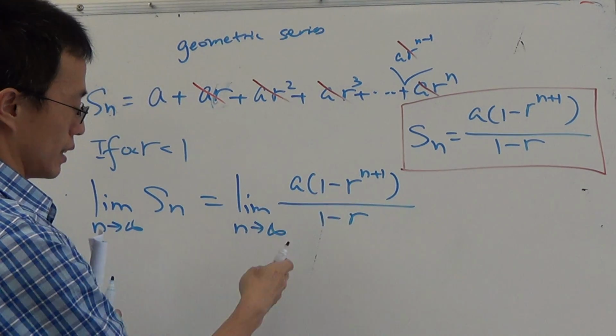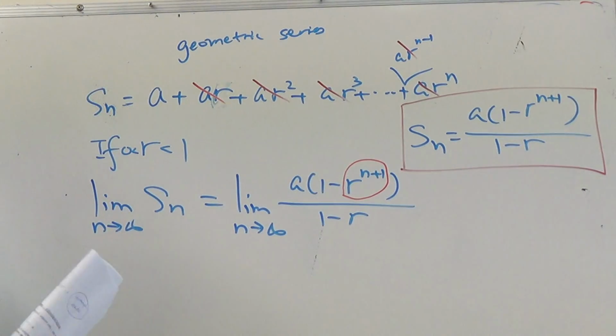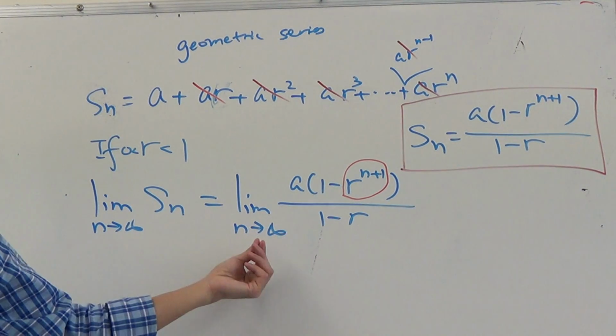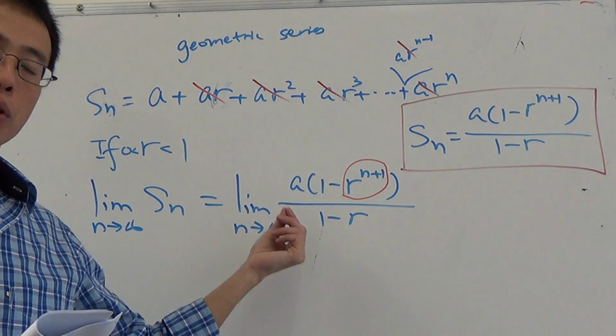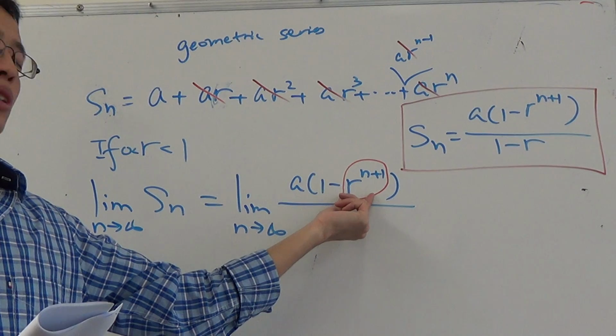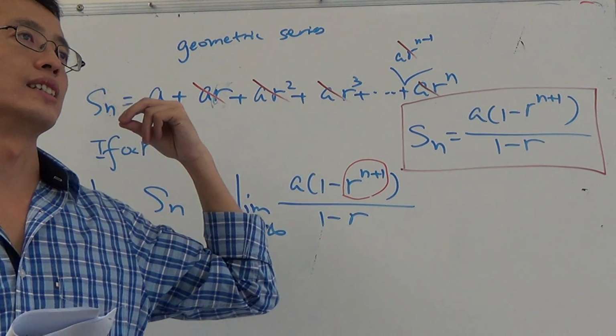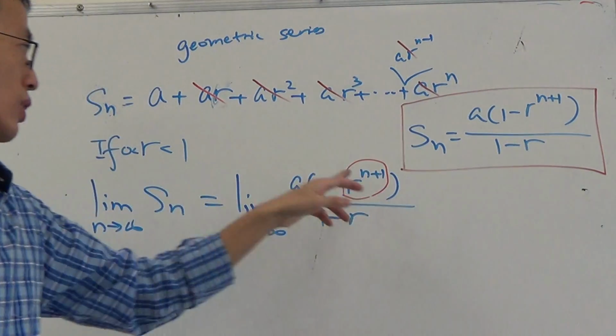Where does the n appear? So n only appears in this term. So what's going to happen when we let n approach infinity? Well, it depends on what happens to R to the power n plus 1, whether it converges or diverges.